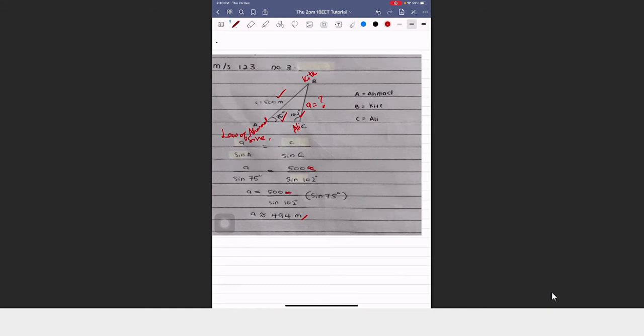So when you substitute into the equation, no need to put the unit, just the value only. I suppose this one is correct. When you compute this correctly, the answer is 494 meters. Any questions so far?